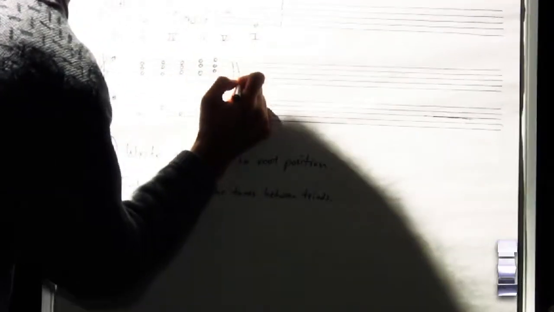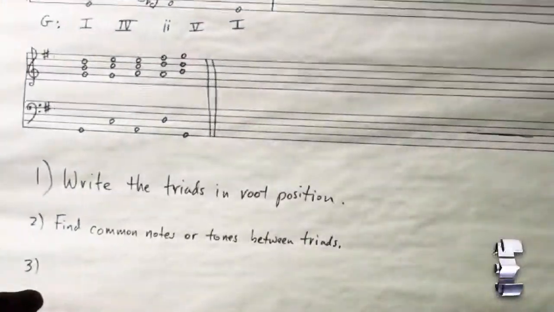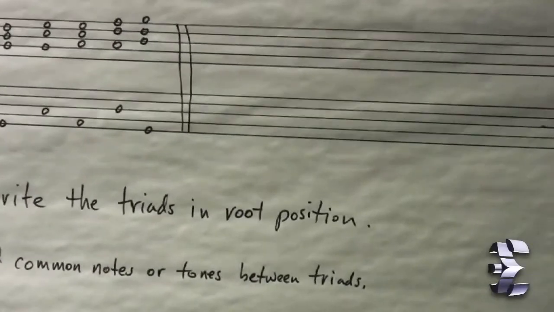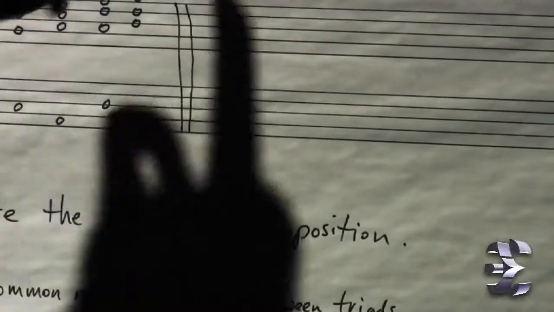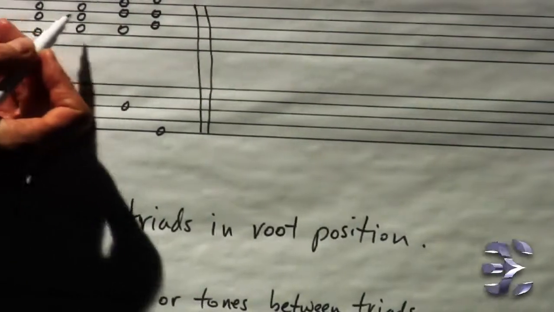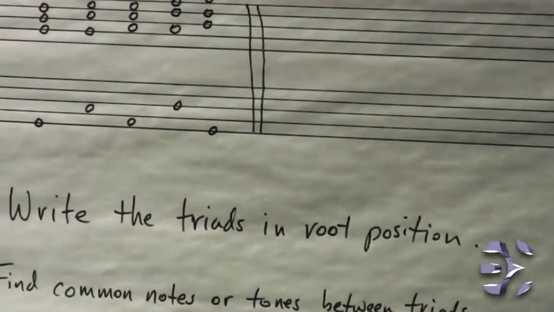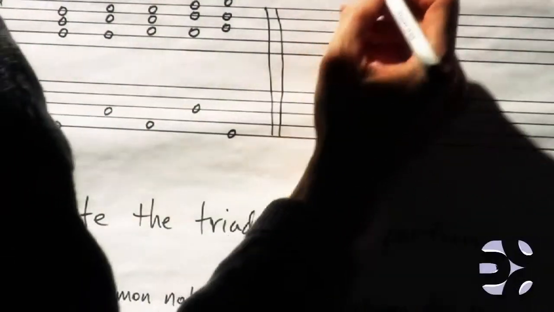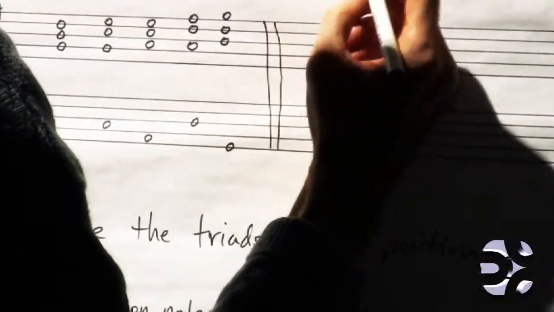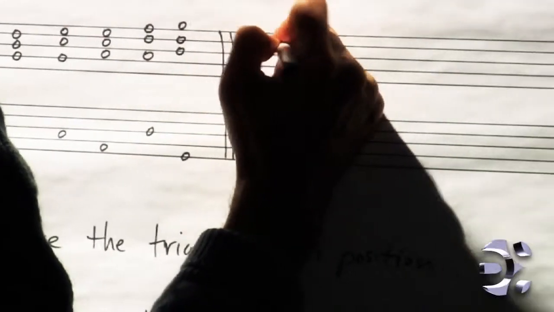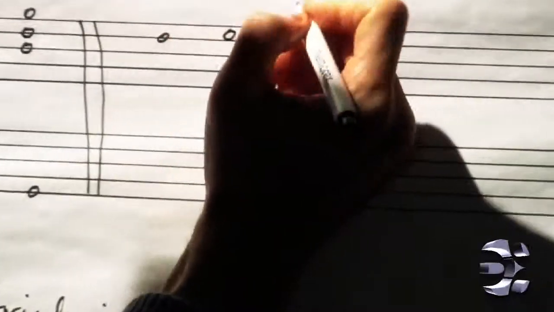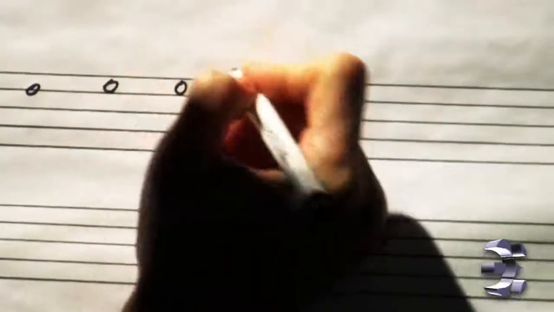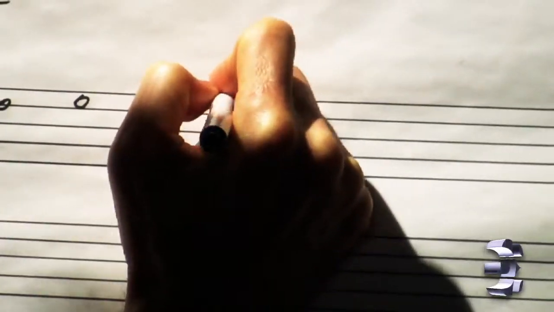So let's do one more thing, and that is that we'll take one of the parts. In fact, I'll take the middle one, this B to C to C to D. I'll take that and I'll move it down an octave. So I still have the same line on the top that I had before.